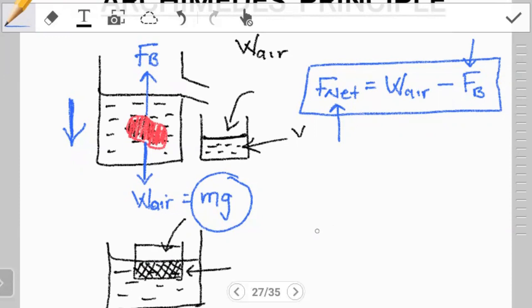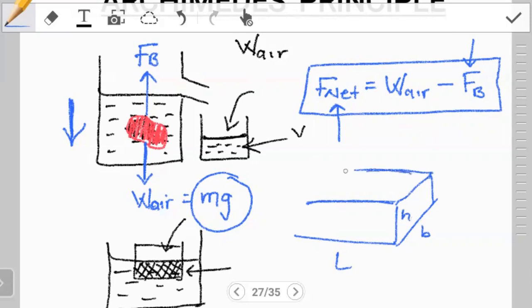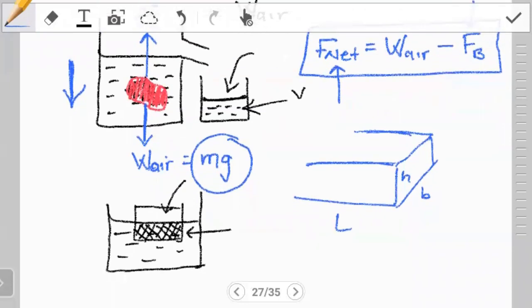If not a cube, you can be given shapes that are familiar to you, like something like this, where they specify the dimensions of this object. With this, you should be able to calculate exactly what the volume is and then see how to find the buoyant force. Okay, so with that in mind, let's see if we can apply these concepts to a full question and see if we can get it correct.